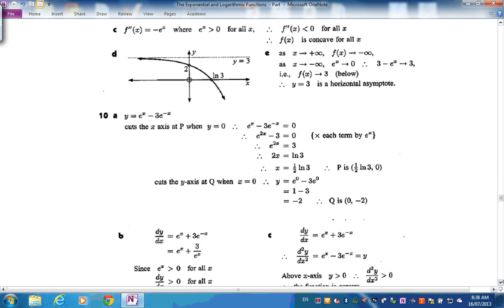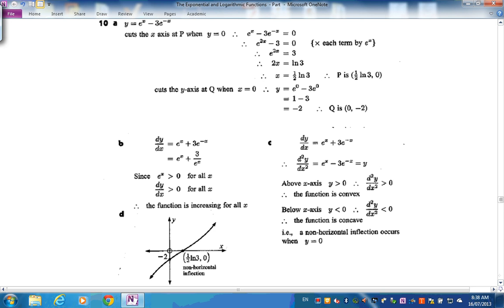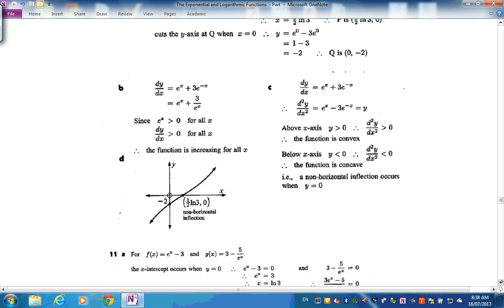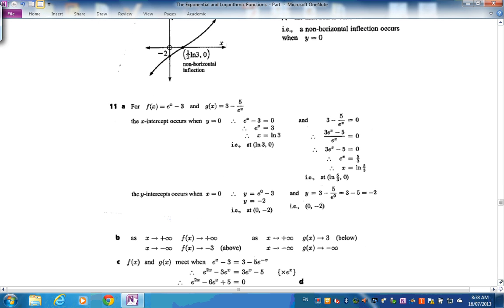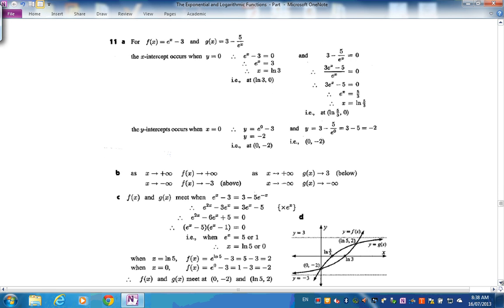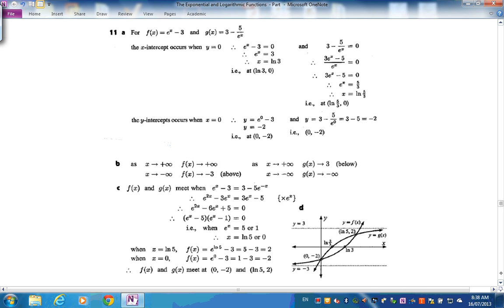And let's go to question 10. Setting it out in the same sorts of way every time. Question 11. These are fairly important questions then.